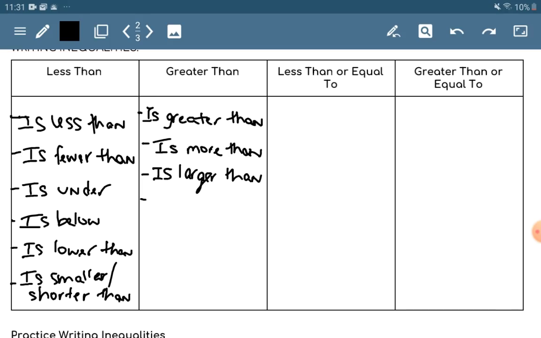Is above. Is over. Is higher than. And the last one for this column is going to be is bigger or taller than.